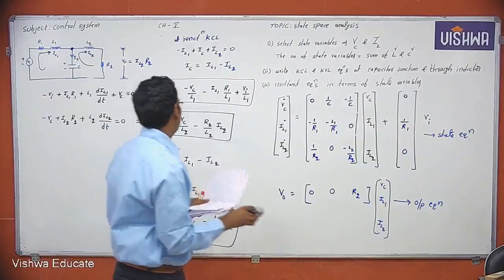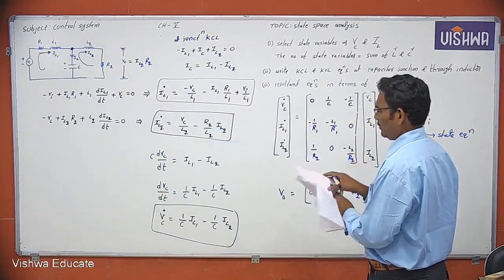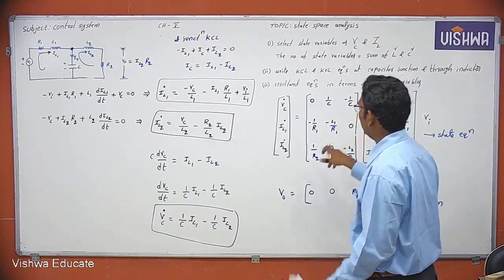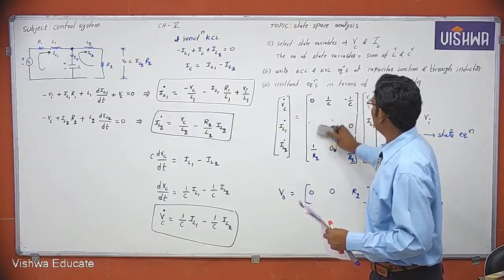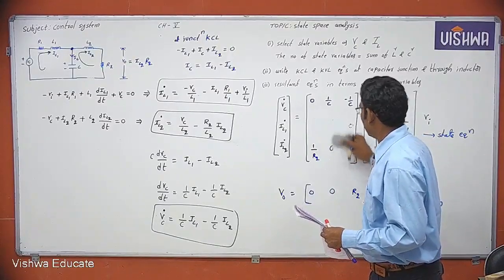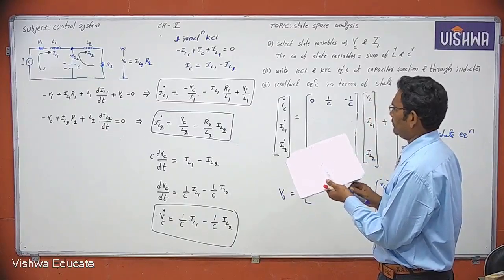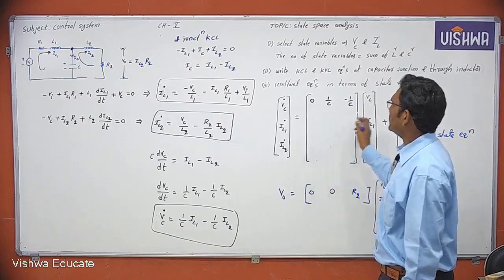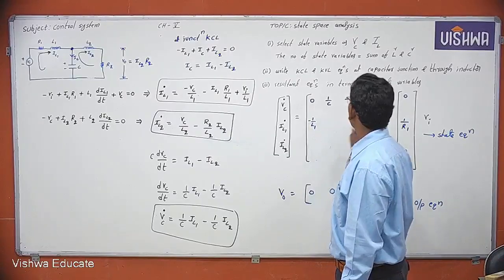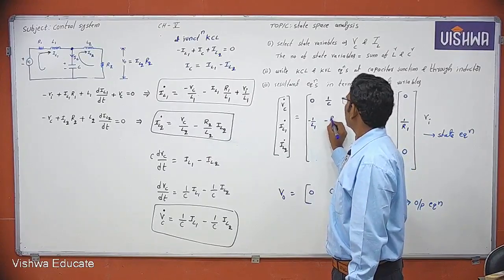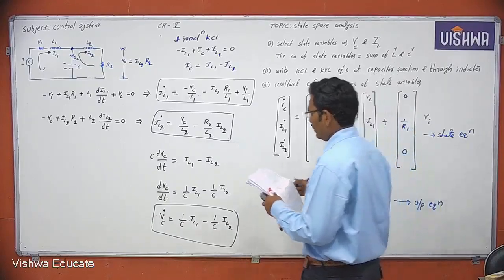So there's a small change here. So 0, 1 by C, this is correct. But IL1 dash has a small change here. That's it. Only a small variable. So IL1 dash is nothing but minus 1 by L1, now minus R1 by L1. Therefore, this is 0, right? Now this is correct.